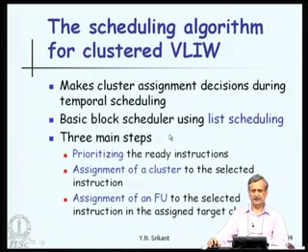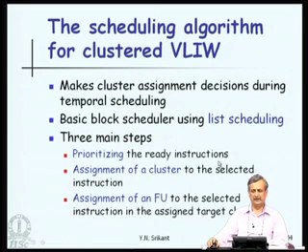So, what is the scheduling algorithm? It makes cluster assignment decisions during the temporal scheduling, that is the cycle by cycle scheduling. A basic block scheduler is used and it uses the list scheduling algorithm. There are three main steps in the algorithm. The first one is prioritizing the ready instructions.